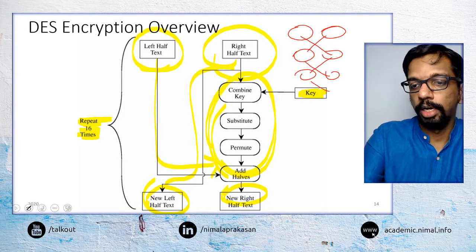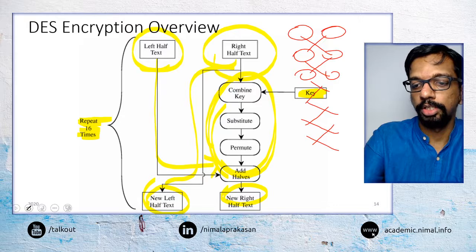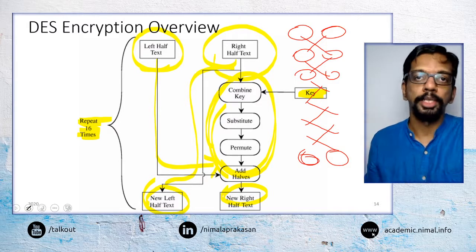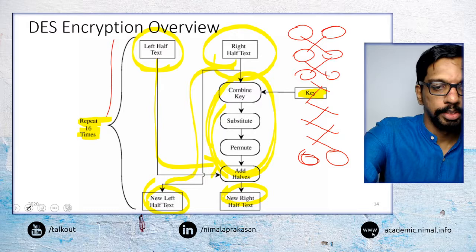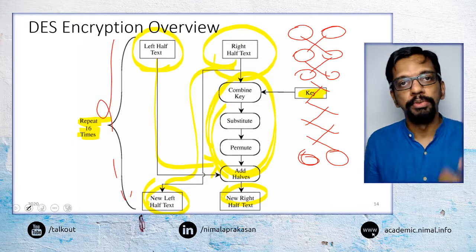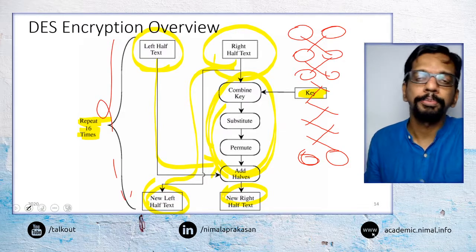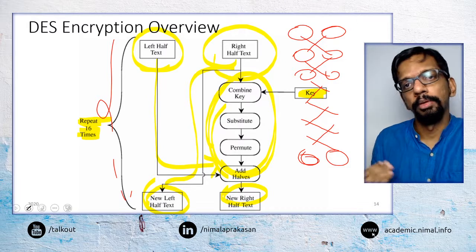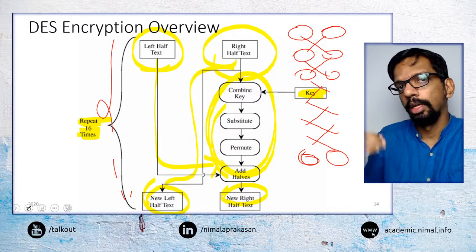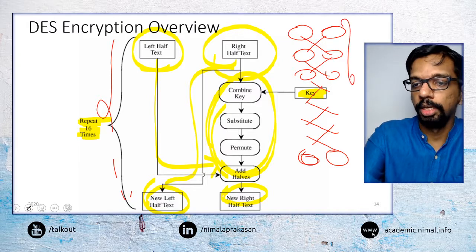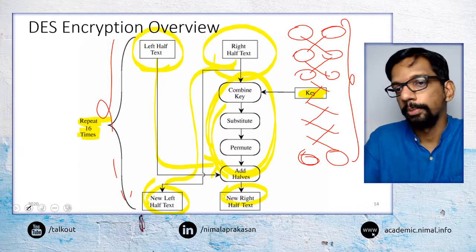So we end up with this sort of crisscrossing operation, and each of these steps will add both confusion and diffusion as they go along. So the basic requirement will be satisfied by using a number of repeated steps.